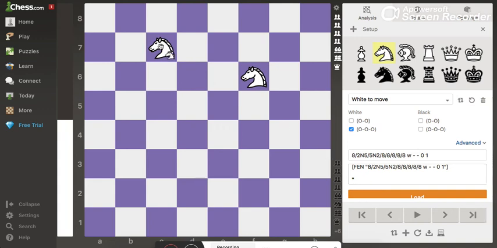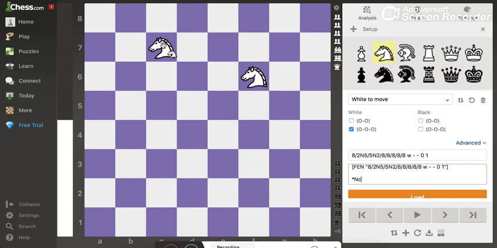Suppose this knight has come to this square, knight to d5. But where was this knight first? It was c7. So you can write N c7. You don't have to write the 7, because you know this is on the sixth row and this is on the seventh row.